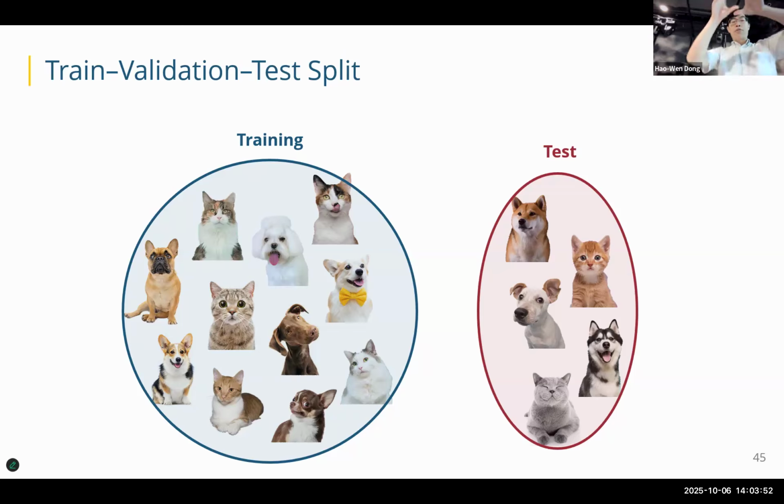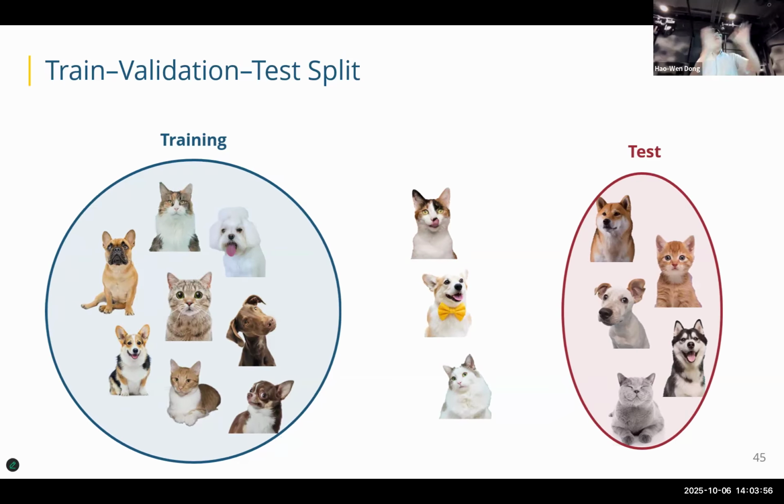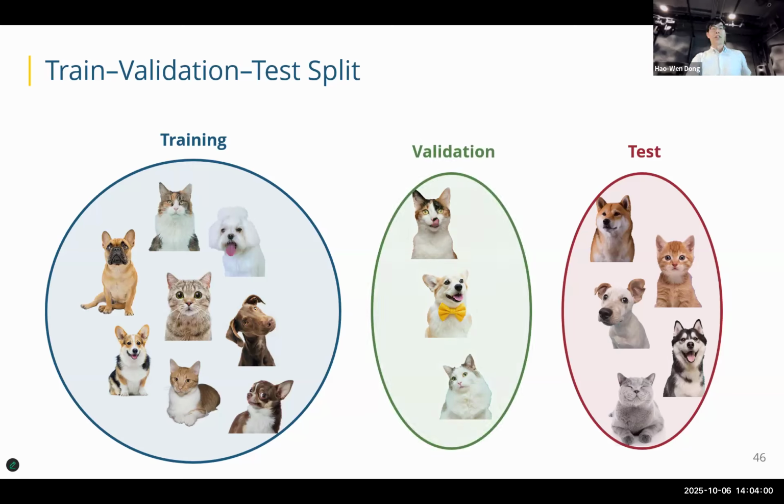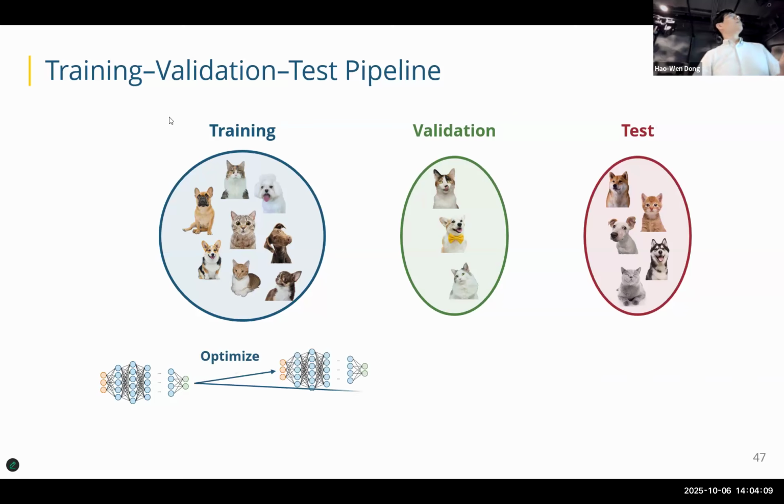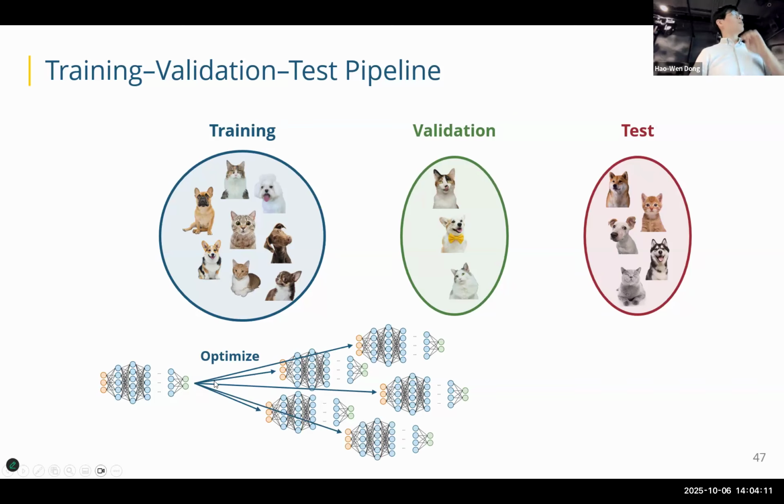So usually we will also divide this training set into two. One is training, and the one in the middle is the validation set. This is where things get a little bit complicated. The idea is that usually we will train a bunch of different neural networks on this training data set. We will optimize them, using gradient descent or similar, to get a bunch of different versions. You could think about trying different learning rates, different models, CNN versus RNN, whatever.